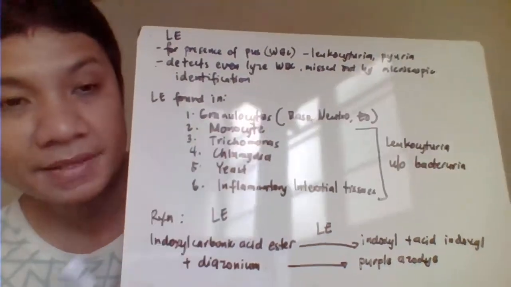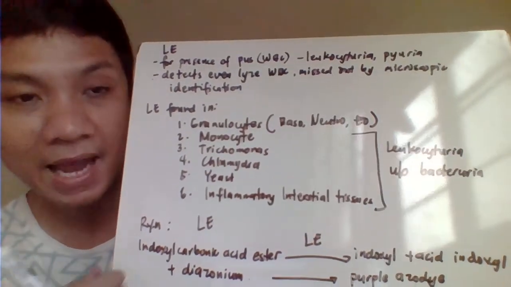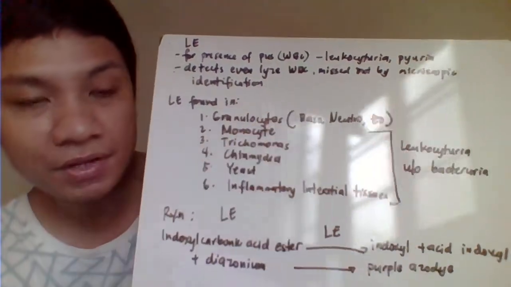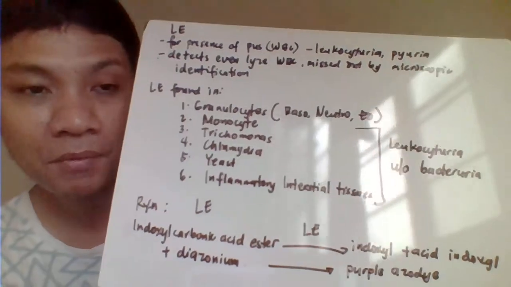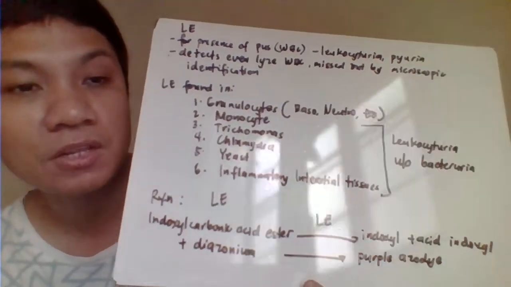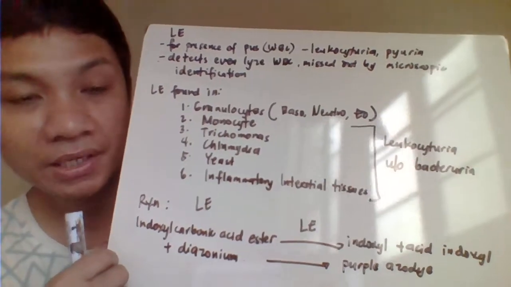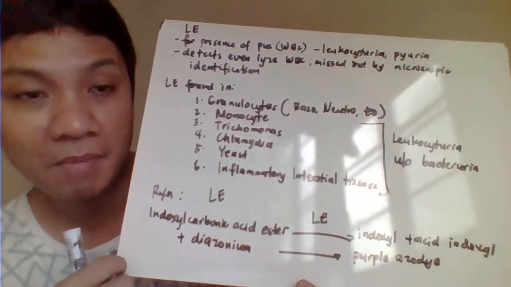So this is much more sensitive in the detection of WBC, even if you have lysed WBC, which could be missed if you're just doing microscopic identification. Kasi pag nagre-report tayo ng pus cells or WBC in your urine, when you're doing microscopic identification, it just represents kung ano ang nakita mo or ilan ang nakita mo under the microscope.